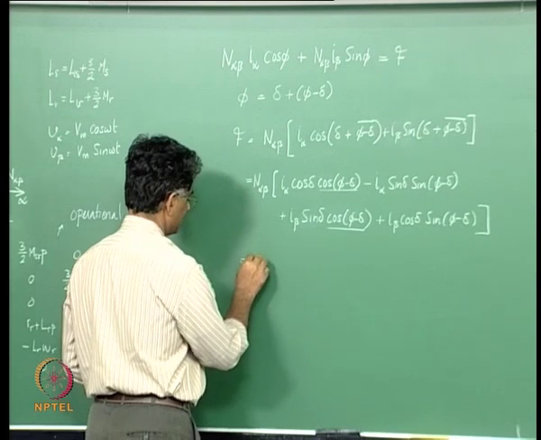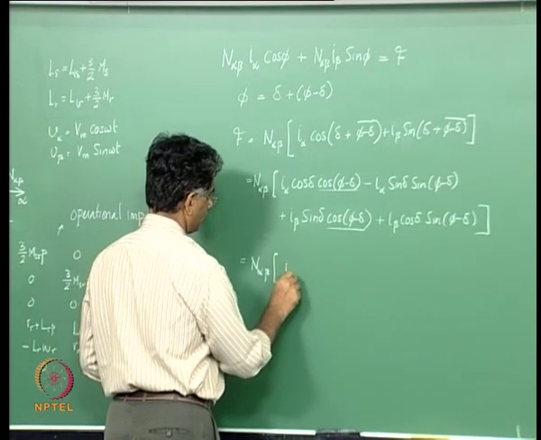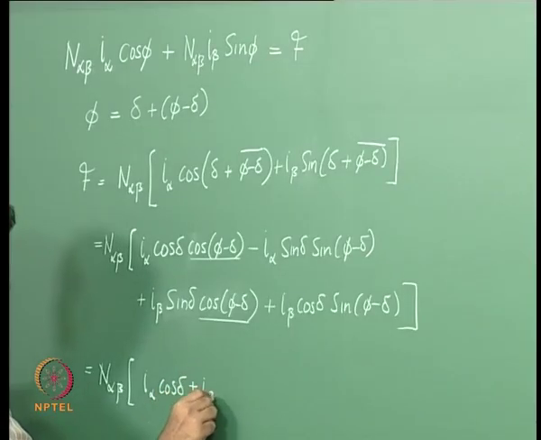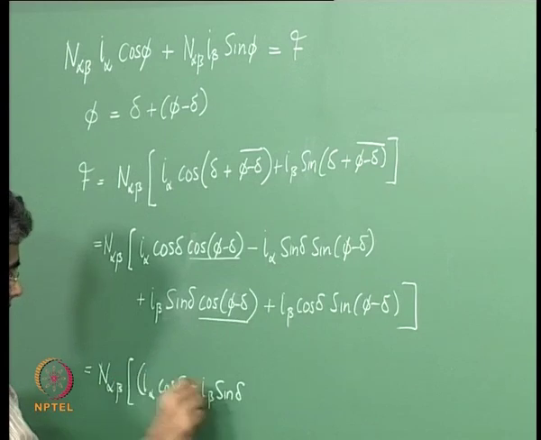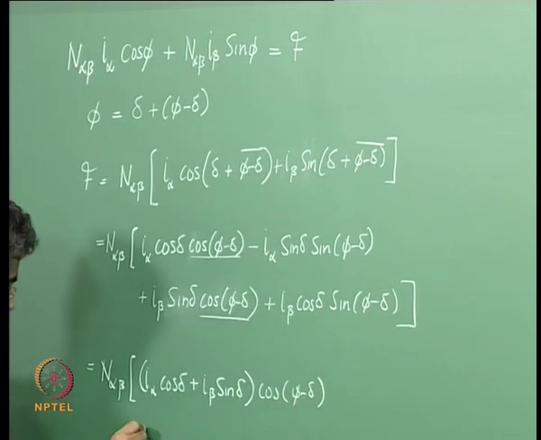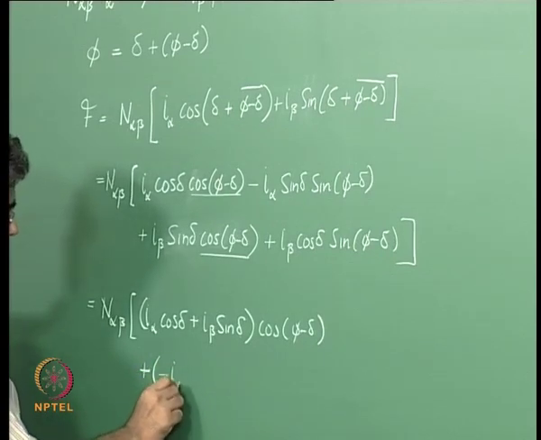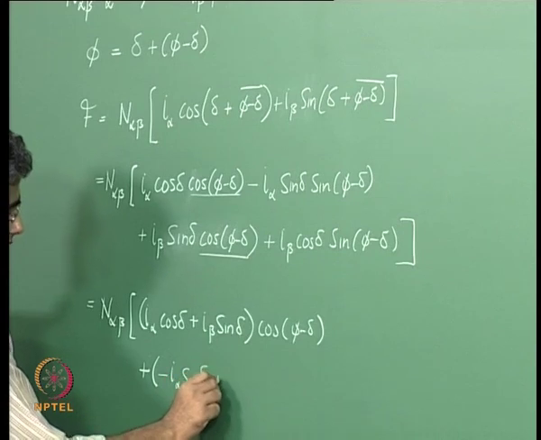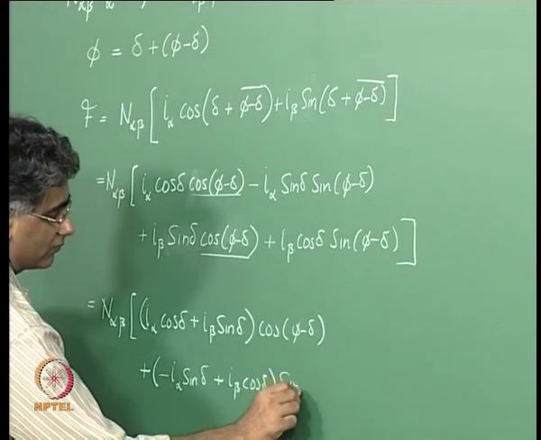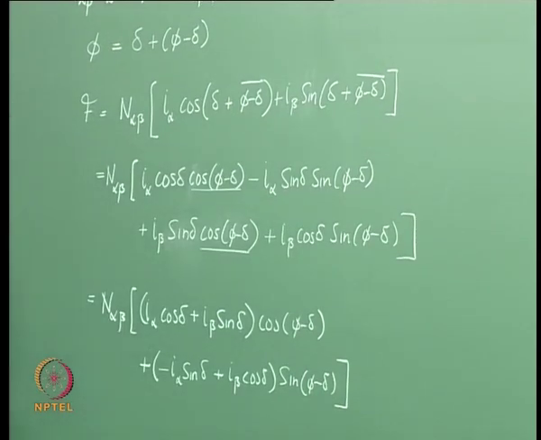So, we can write this further as n alpha beta multiplied by I alpha cos delta plus I beta sin delta, this whole thing multiplied by cos of phi minus delta, and then you have minus I alpha sin delta plus I beta cos delta into sin of phi minus delta. That is what you get.